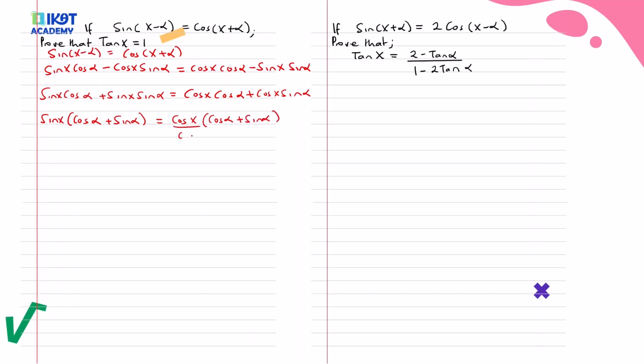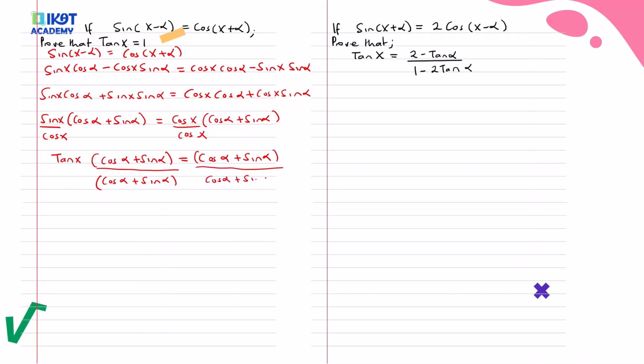I divide through by cos x. So I get tan x into (cos alpha plus sine alpha) is equal to cos alpha plus sine alpha. I divide through by cos alpha plus sine alpha. So we end up having tan x is equal to 1.